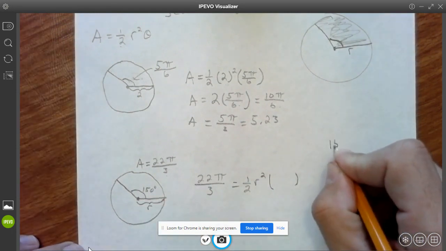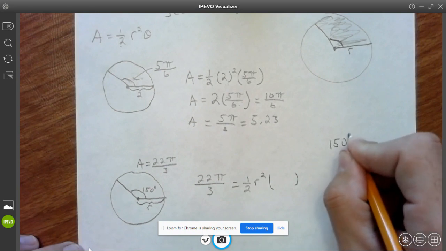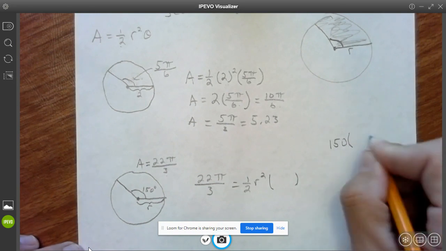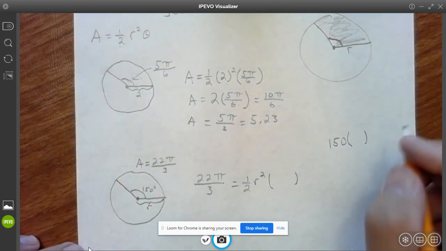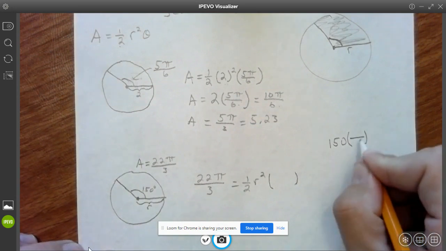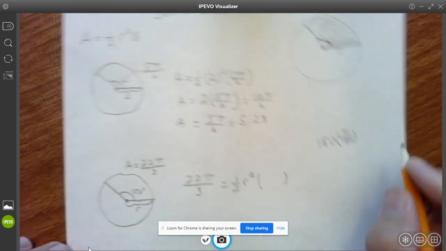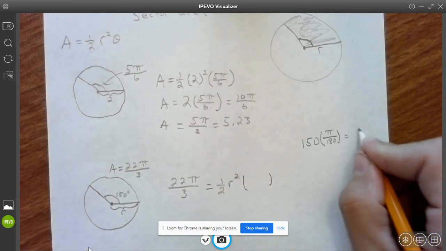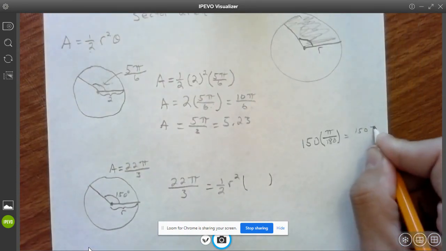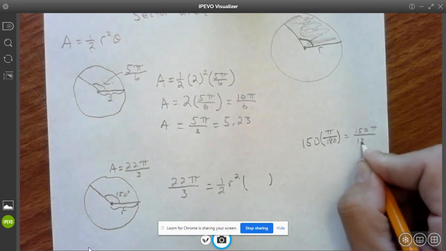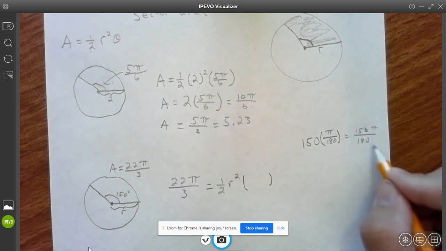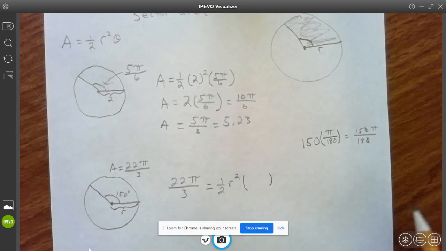We have to do this in radians, so we'll have to convert 150 degrees to radians. So we're going to multiply it by pi over 180. So we end up with 150 pi over 180. Divide by 10, 15 and 18.